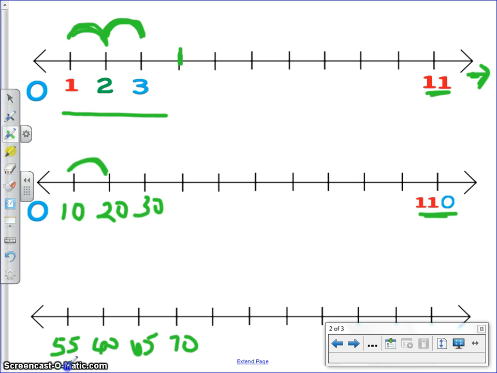In this case, the number line started at 55, but the distance between each of these points increases by 5, and that would continue on the whole number line. So number lines can help us visualize patterns once you find out what distance they're increasing by between two points.